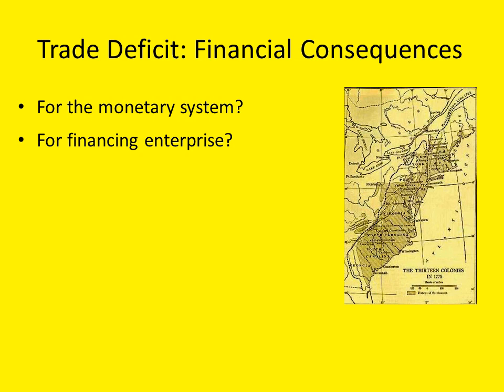In terms of financing enterprise in the American colonies, there was some short-term debt, and merchant credit was sometimes offered. But in general, this was a period of increasing indebtedness for merchants, for farmers, especially tobacco planters. And there was virtually no long-term investment in the American colonies, with the exception of personal savings.